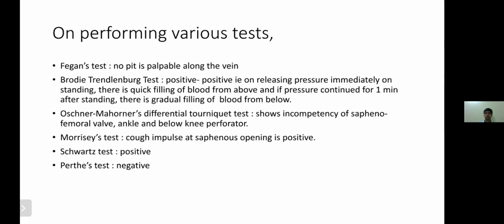First, we'll make the patient lie in the supine position and elevate the affected limb to empty the veins by milking. Then we will tie the tourniquet at the level of the saphenofemoral junction. Then we'll make the patient stand up, wait for 2 to 3 minutes with the tourniquet tied, and look for the filling of the superficial veins. Then we'll remove the tourniquet and see if the veins get further dilated or not.